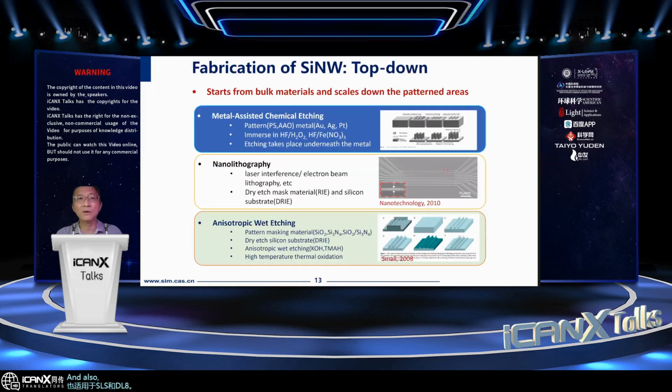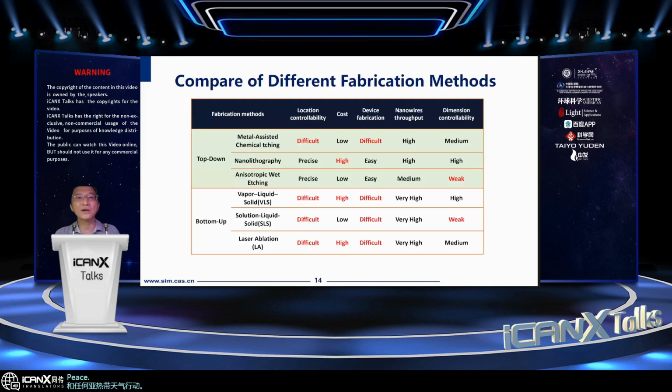And also we can fabricate silicon nanowires with the top-down method. In general, it starts from bulk materials and scales down the patterned area. And finally, we have the silicon nanowire. It can use metal-assisted chemical etching, nanolithography and anisotropic wet etching. Here is a comparison of these methods.